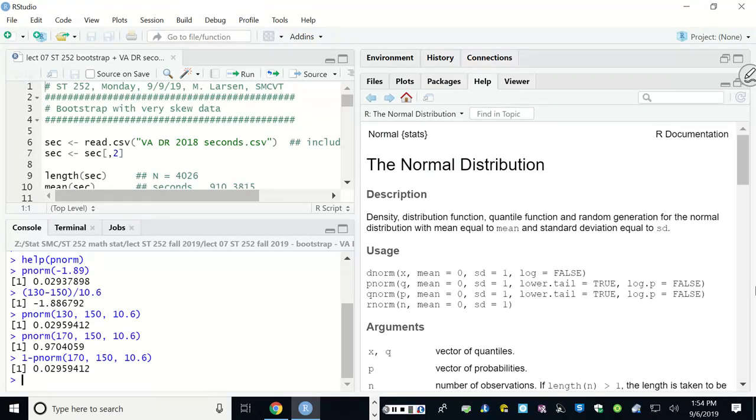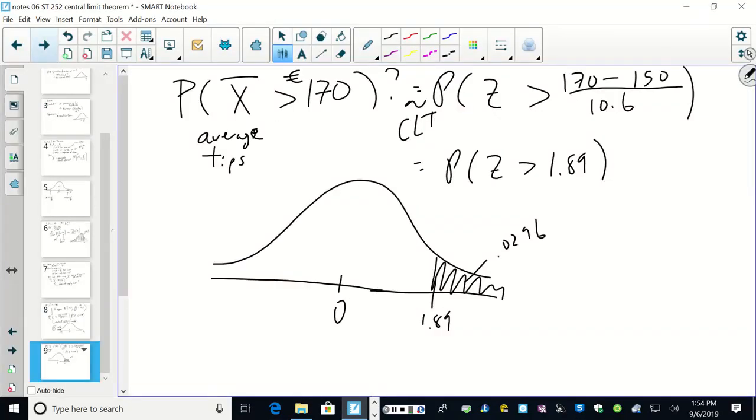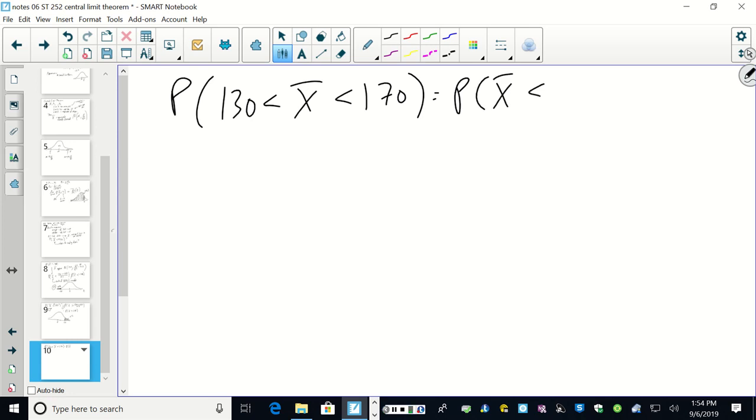So the probability that 130 is less than x bar is less than 170 is the probability that x bar is less than 170, minus the probability that x bar is less than or equal to 130.